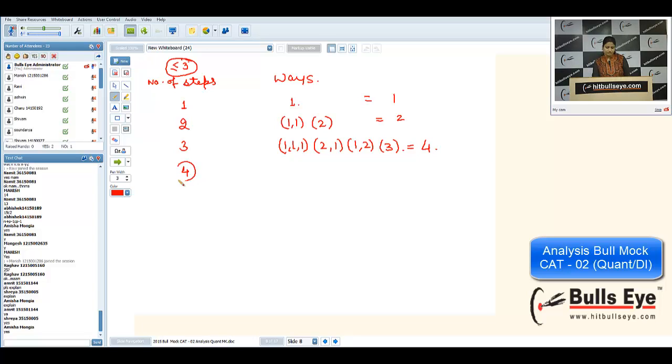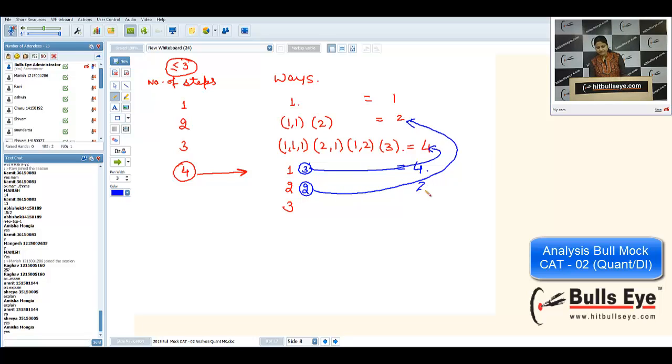Now let the steps be 4. Here comes the magic. At first, either I will take 1 step, or 2 steps together, or 3 steps. If I take 1 step, I am left with 3 more steps, and these can be taken in 4 ways. If I take 2 steps together in the first go, I'll be left with 2 more steps, which can be climbed in 2 ways.